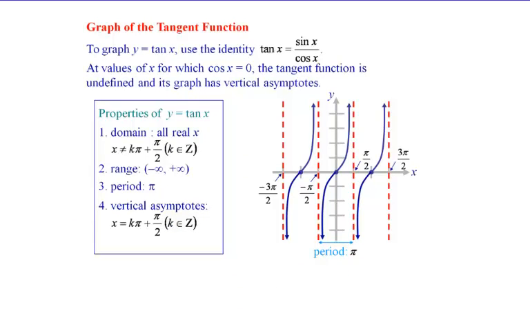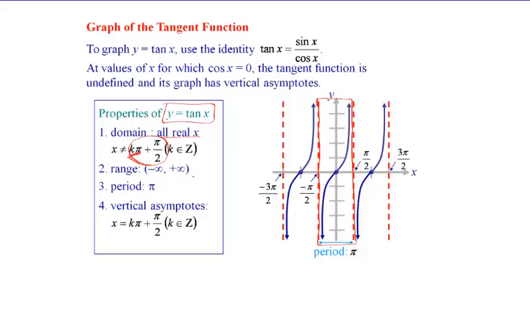The tangent parent function. Things that we know already about the tangent parent function. Again, we're only concerned about this piece. The domain is all real numbers, knocking out every pi over 2 iteration for every pi along the horizontal axis.